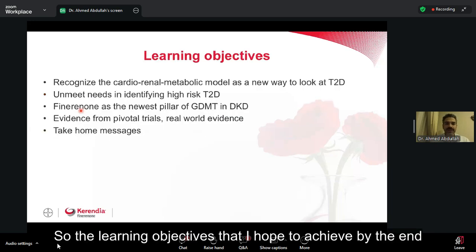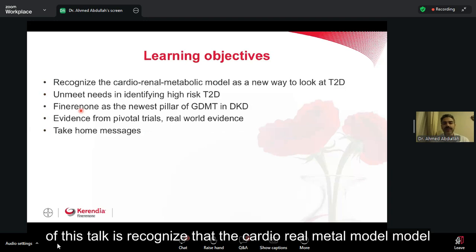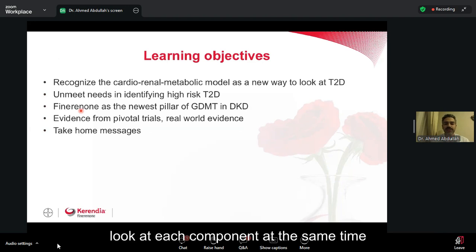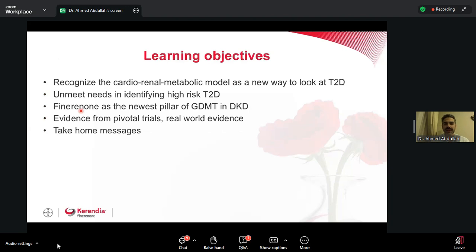So the learning objectives that I hope to achieve by the end of this talk are to recognize that the cardio-renal-metabolic model is a new way that we can look at diabetes and hopefully help us look at each component at the same time to identify patients at higher risk early.